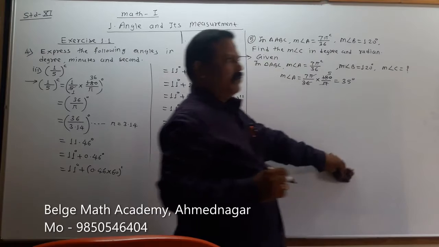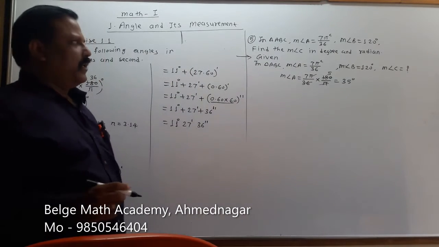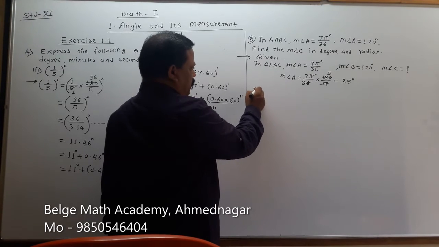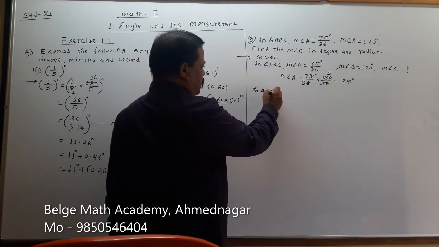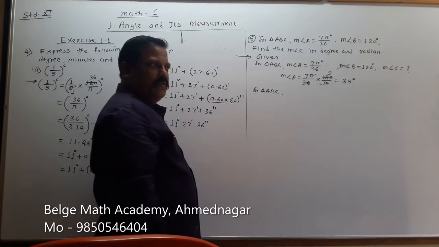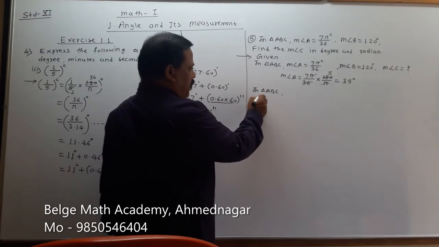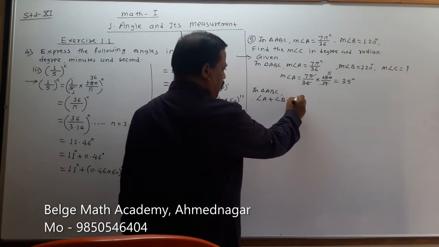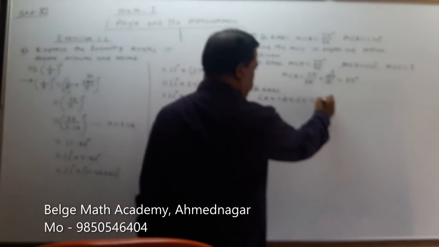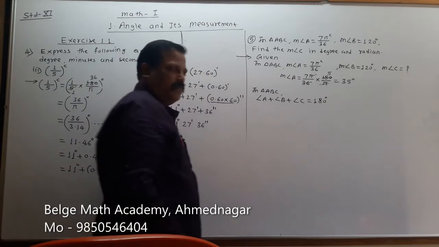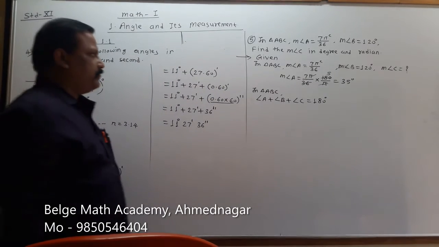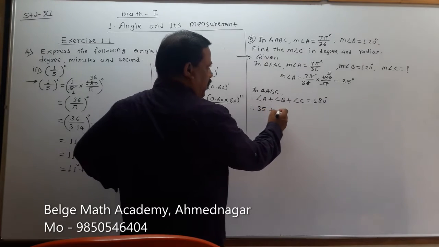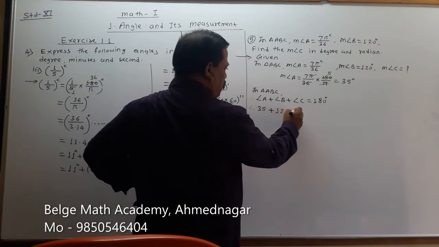So converted into any one measurement. Now in triangle ABC, we know the property that the measurement of angle A plus angle B plus angle C equals 180 degree. So angle A is 35 degree, angle B is 120.